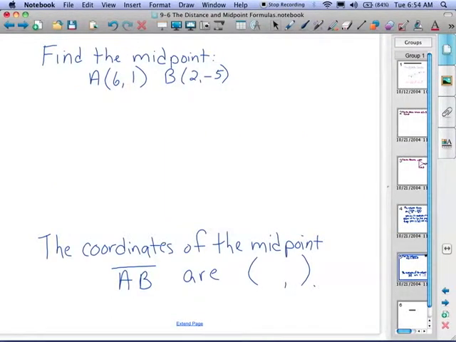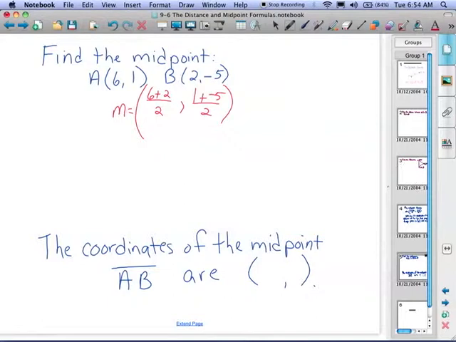So let's try using the midpoint formula. We want to find the midpoint between points A and B. So we're going to add the two x coordinates together, 6 plus 2, divide that by 2. That's x1 plus x2 over 2. And the y coordinate is going to be 1 plus -5 over 2.